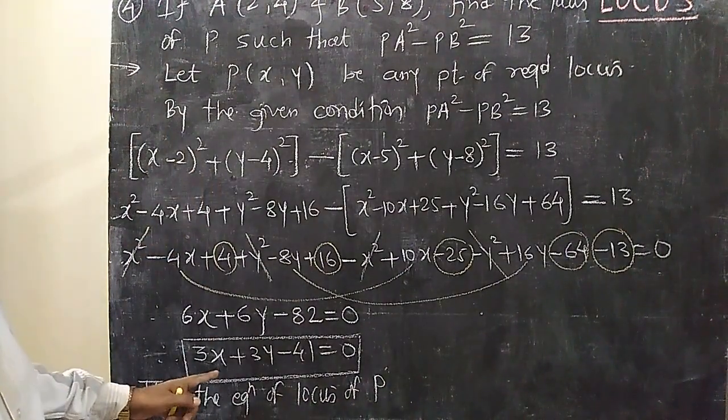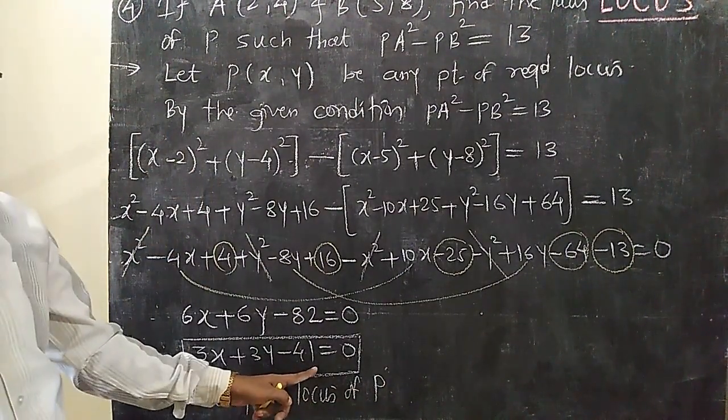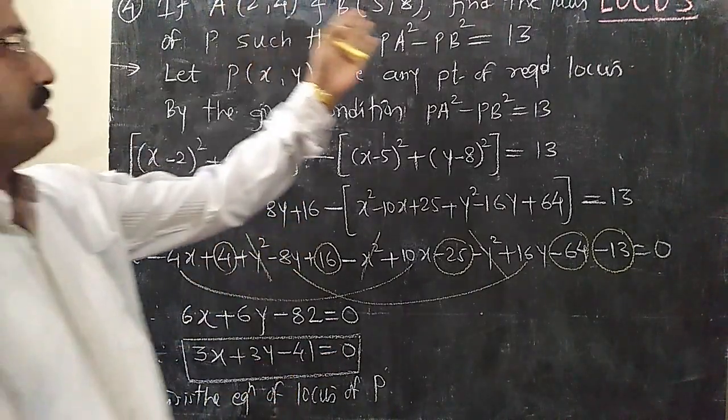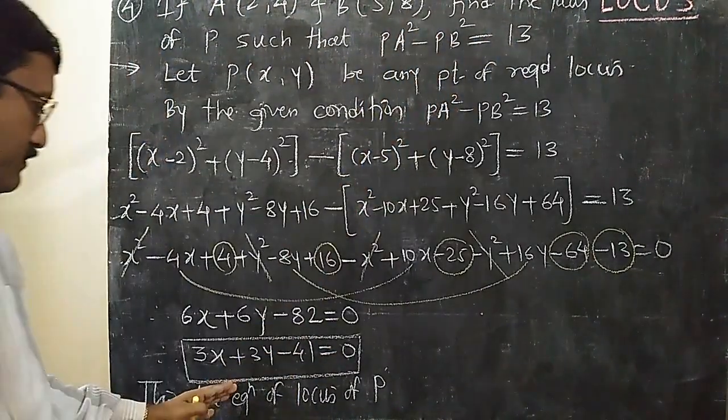If you observe, this equation contains x term, y term and constant. So this is the equation of a line. So the locus which satisfies this condition is nothing but a straight line.